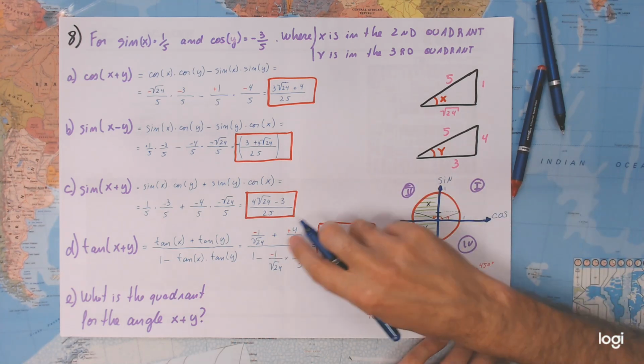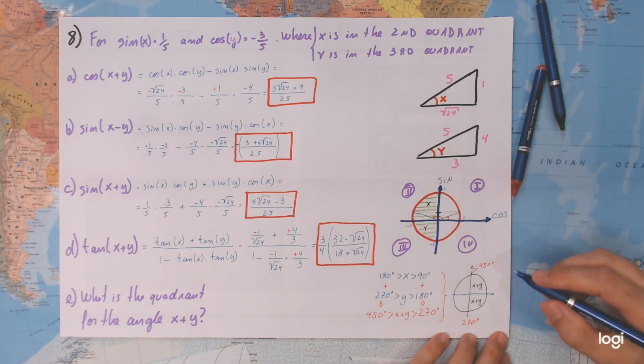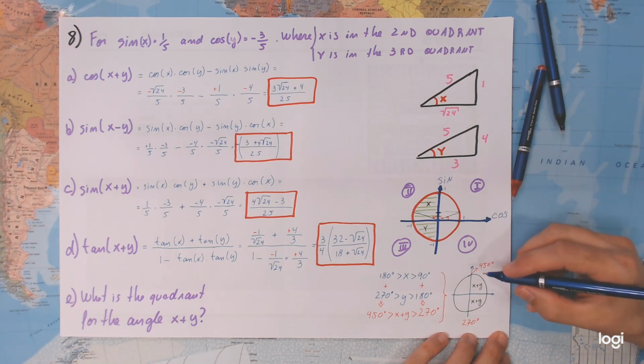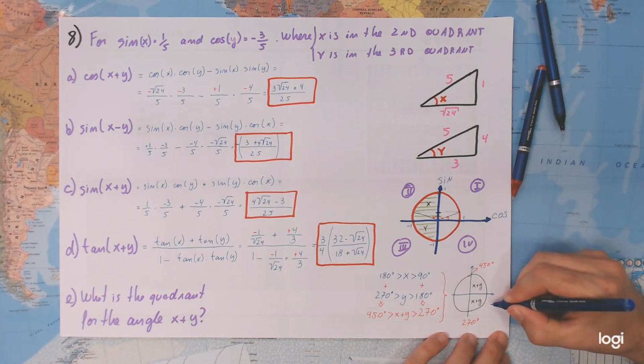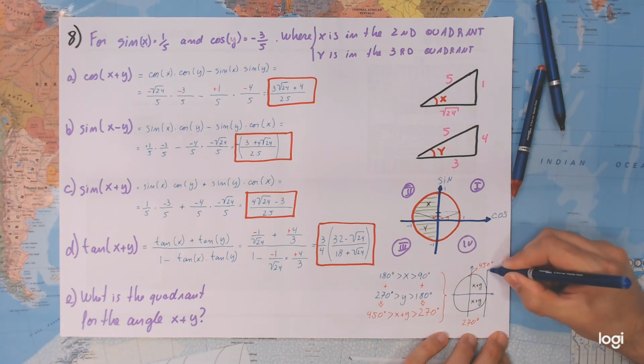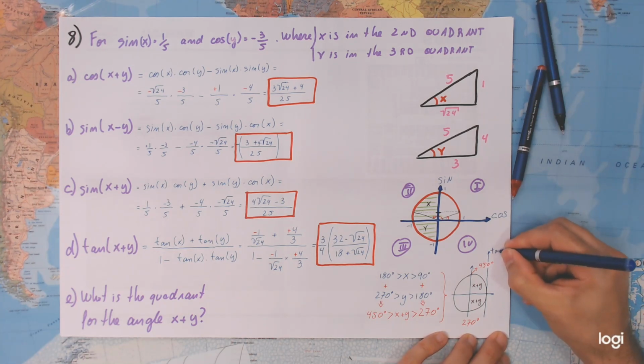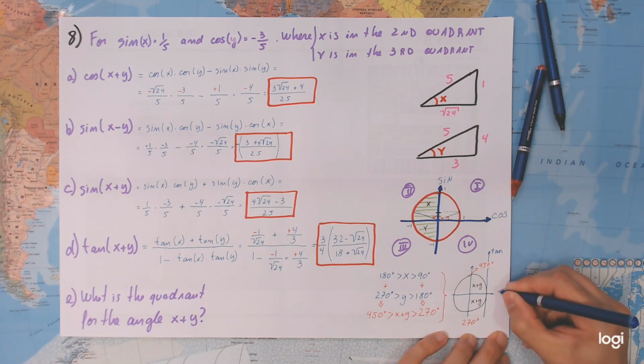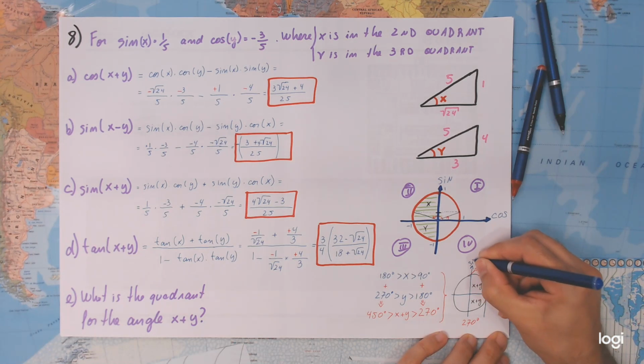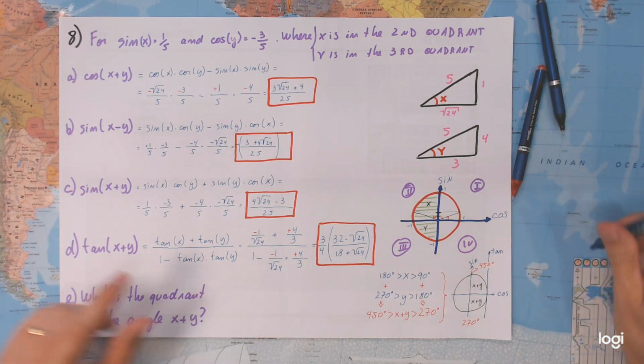No wonder they ask us to give us the tangent. The tangent goes, right? It goes to infinity. This is the tangent. This is the cosine and the sine. Let's look in here.